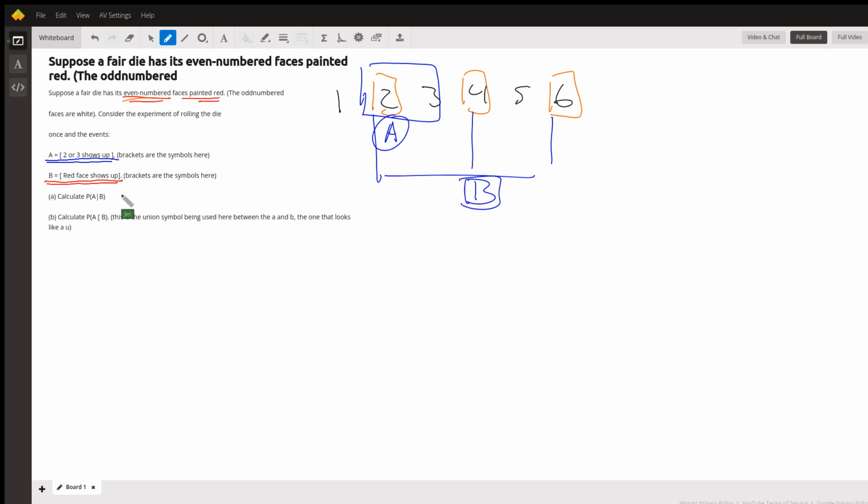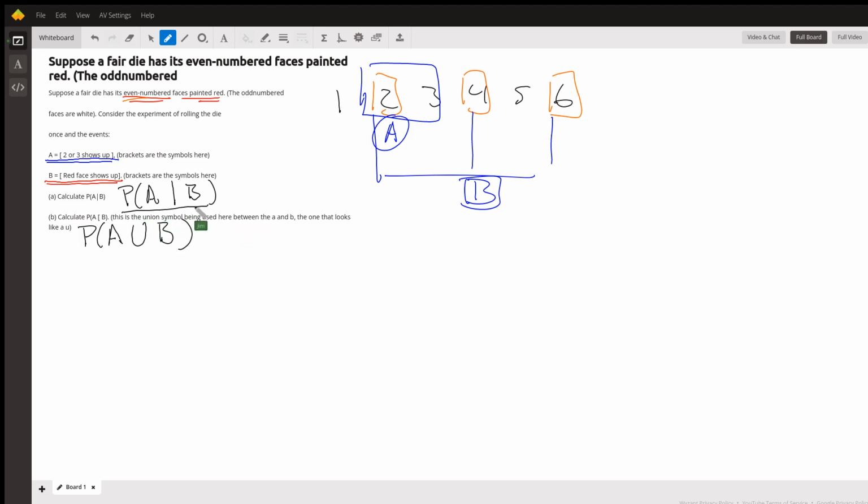The first probability in question is, what is the probability that event A occurs given that event B has occurred? That's what the vertical line means. And in the second one, they ask, what is the probability of seeing either event A or event B when we roll the die? That's what the union operator tells us. We see either one or the other.